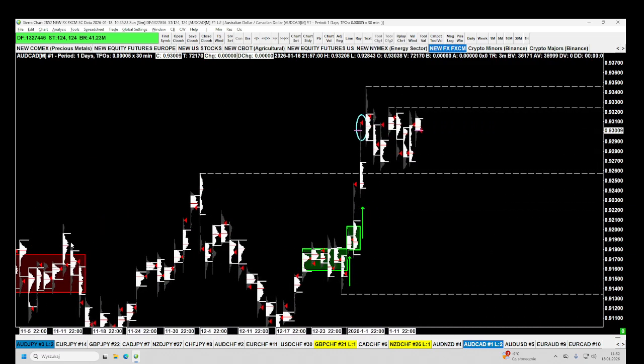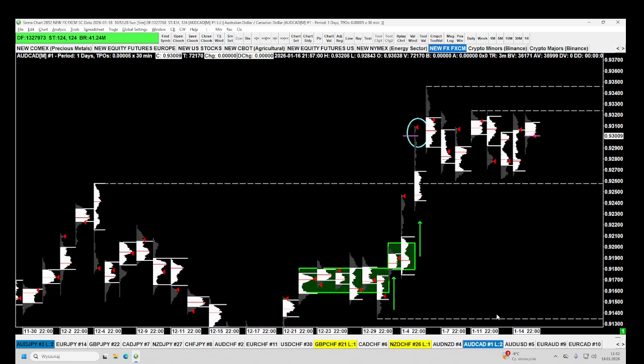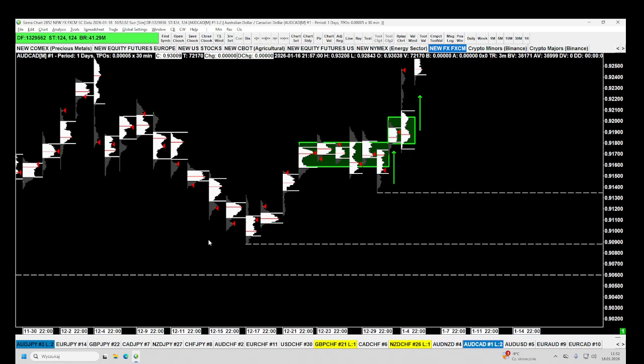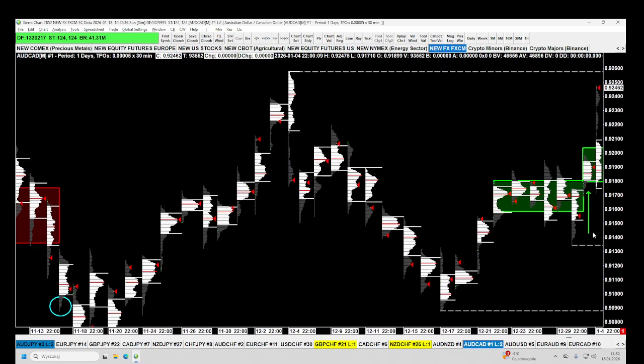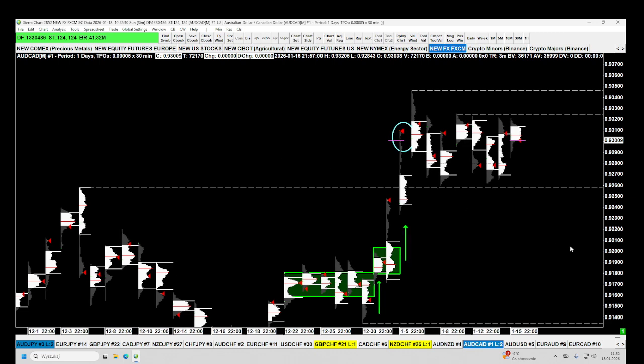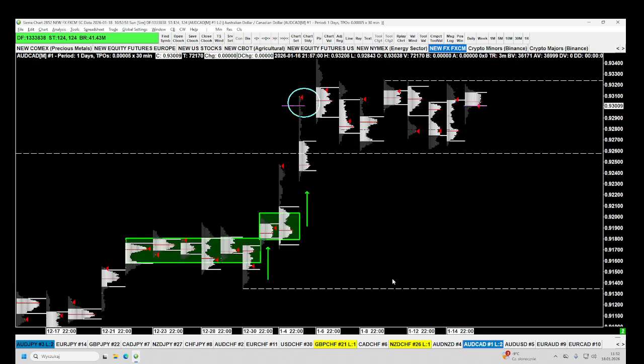That's from the past, but I would like to focus here on a similar pattern which happened to the short side. The one that I described was to the long side, but right now I would like to focus on the very recent one, which I'm still holding, and obviously hoping for the targets to be filled.